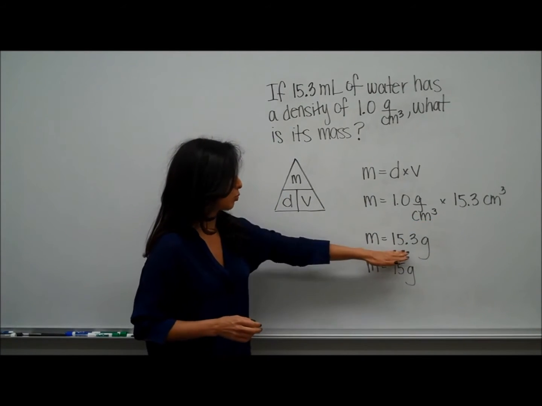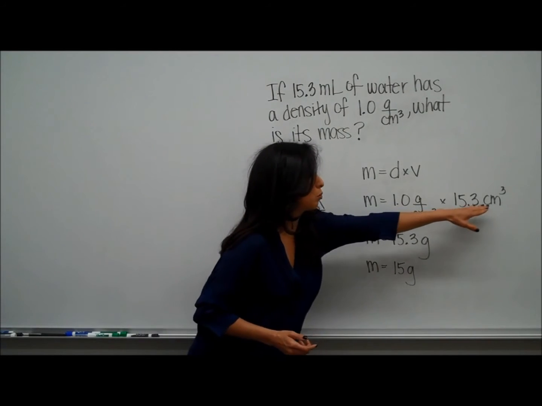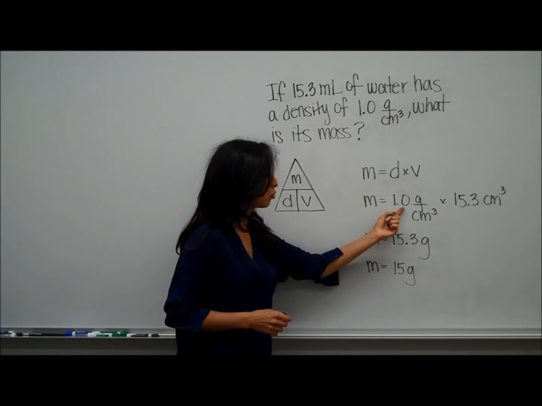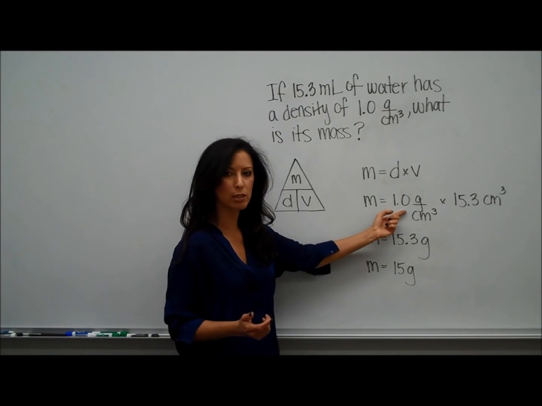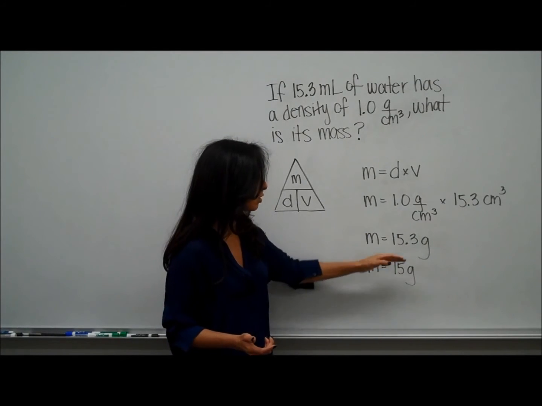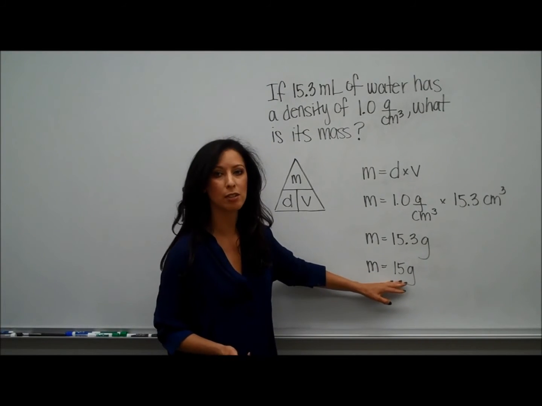Our result is 15.3 grams, because the centimeters cubed units will cancel out. Now, I have two significant figures in 1.0, so our final answer should contain two significant figures, and 15.3 will round to 15 grams.